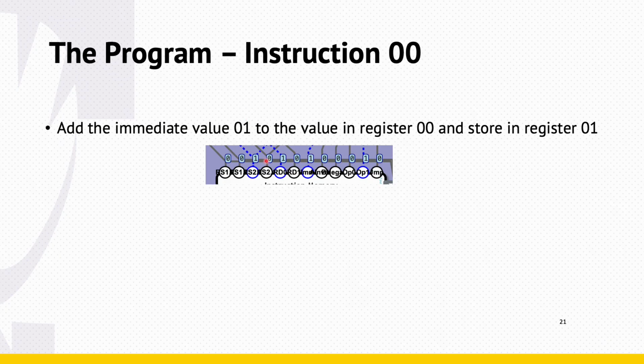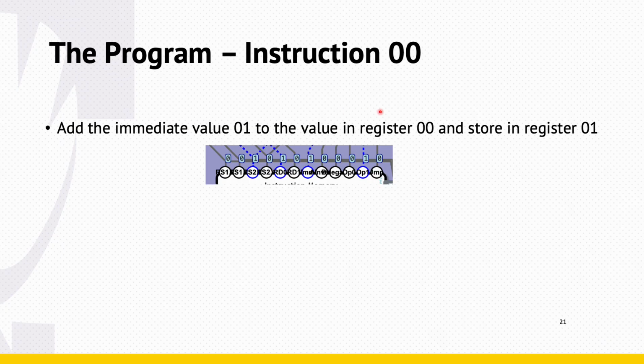So this is saying we are going to use the value 0, 1 not as a register selection, but as an immediate value. Now remember, our goal is to store this 0, 1 into register 1. So that means we need to set the destination address to be 0, 1 also. But we do not have that load instruction, as I mentioned.